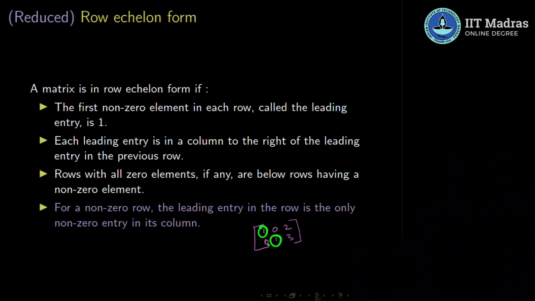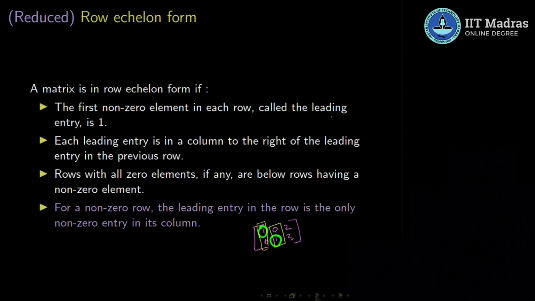And then the second requirement is that the leading entries in rows before must be to the left. This one over here is in the second column. If you look at the previous row, the one is in the first column. Okay, so that's exactly what we want.